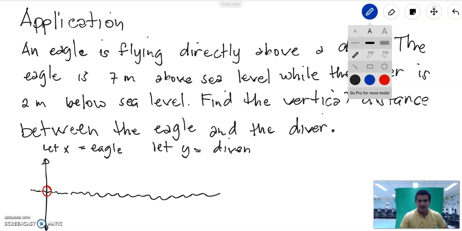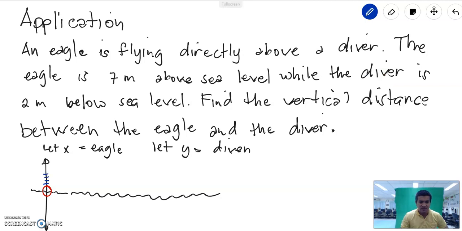It says there that the eagle is 7 meters above. So we will add plus 1, 2, 3, 4, 5, 6, 7. So we have 7. And then the diver is below, 1, 2. So the question is, find the distance between the eagle and the diver, and this one is negative 2.